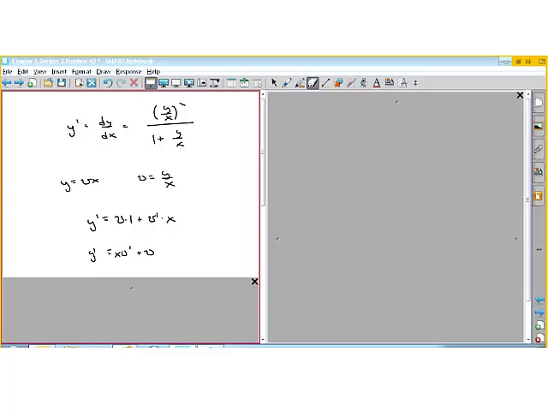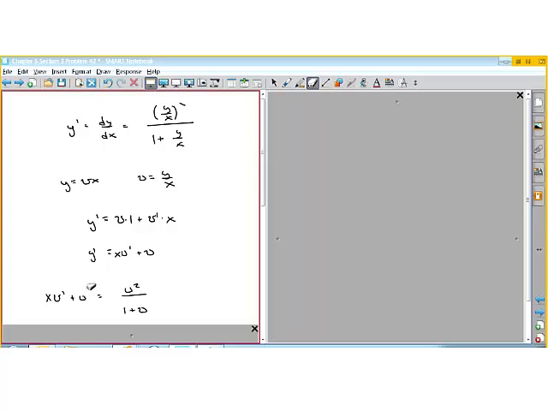So you multiply that out, just switch these two terms. So y prime, which is dy/dx, is equal to xν prime plus ν. So the y prime part becomes xν prime plus ν. The right-hand side becomes ν squared over 1 plus ν. Okay, then ν prime is dν divided by dx.